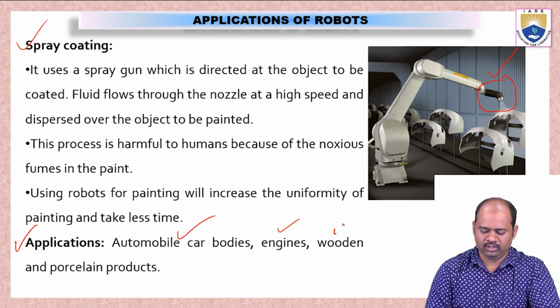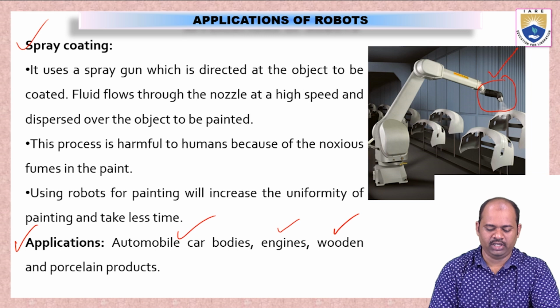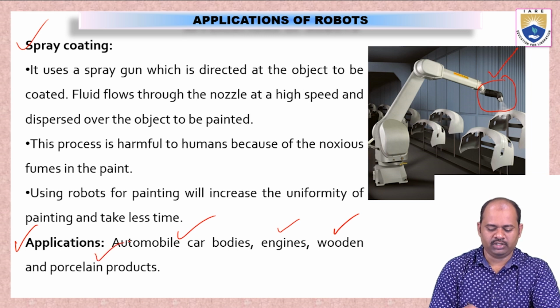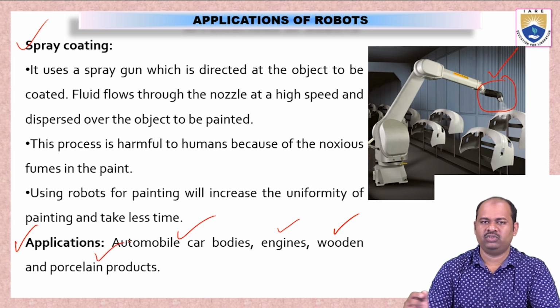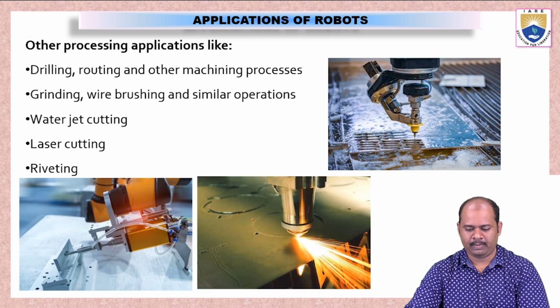So the wooden parts also can be painted with the help of a robotic painter. And porcelain products, which are dining sets, are also painted with the help of spray coating robots, where the porcelain products are nothing but the ceramic products, which are used for many applications in dining and tiles.